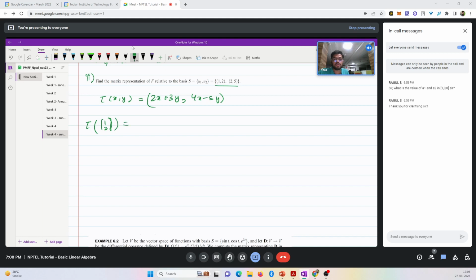So what would it be? It would be 2 plus 6, which is 8, right? And the second element is 4 minus 10, which is minus 6. So T of 1 comma 2 is 8 comma minus 6.